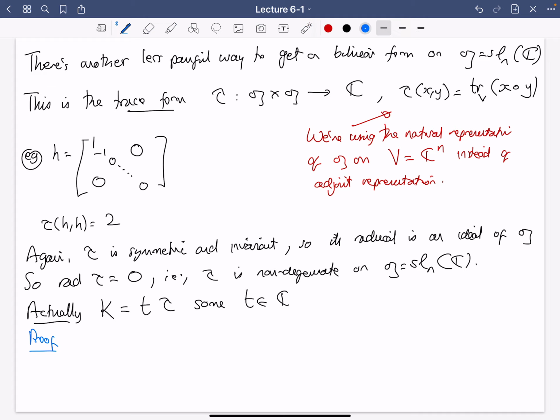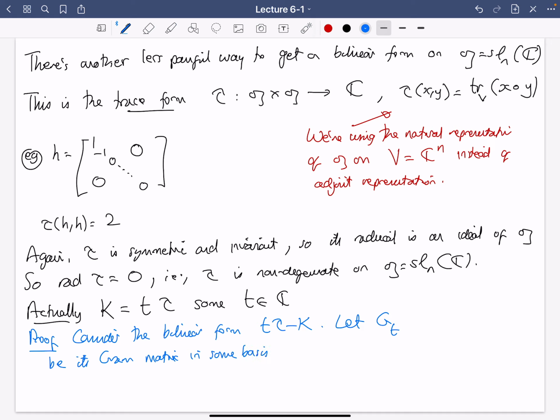So let's see if I can prove it in this SLN case. What I'm going to do is consider the bilinear form t tau minus kappa. Let G sub t be its Gram matrix in some basis. So this is just T times the Gram matrix of the trace form minus the Gram matrix of the Killing form.